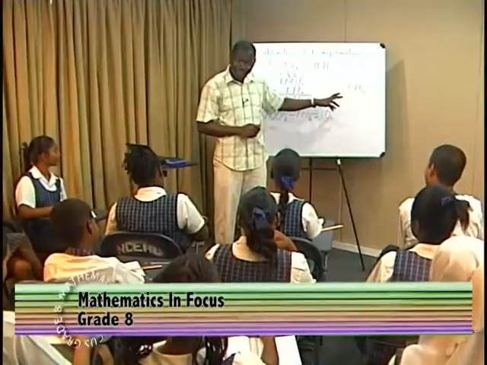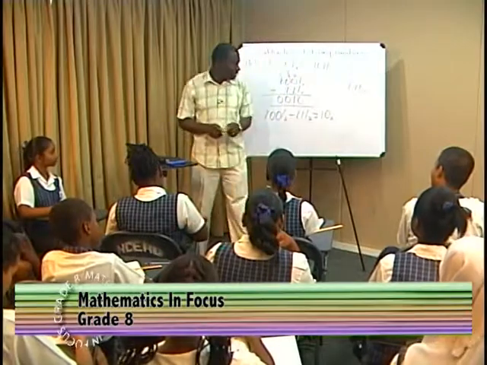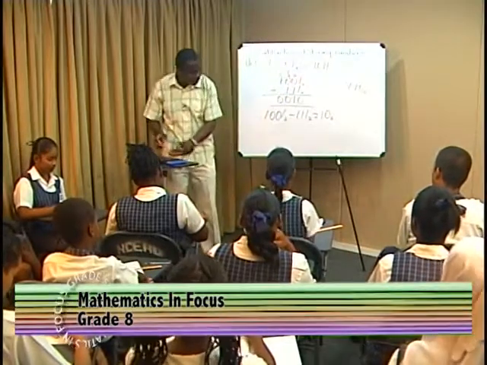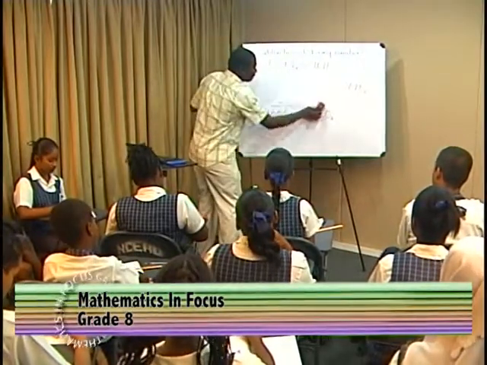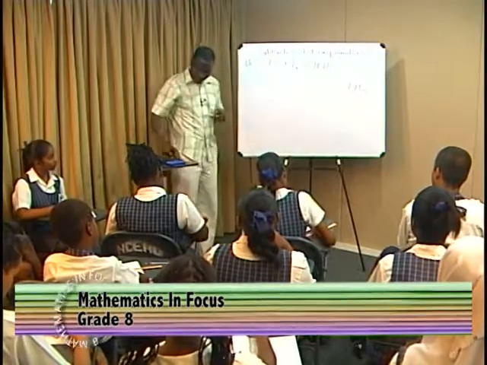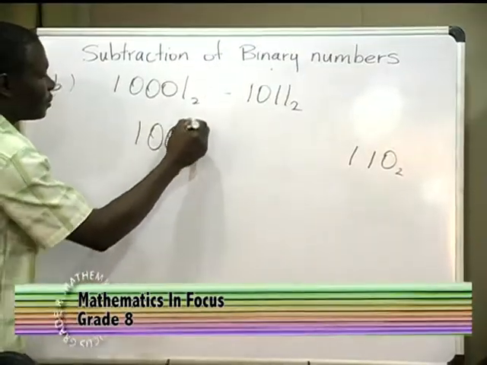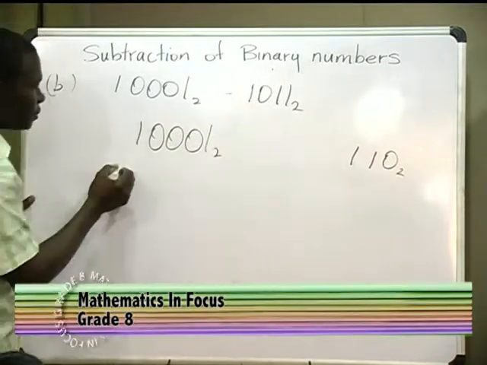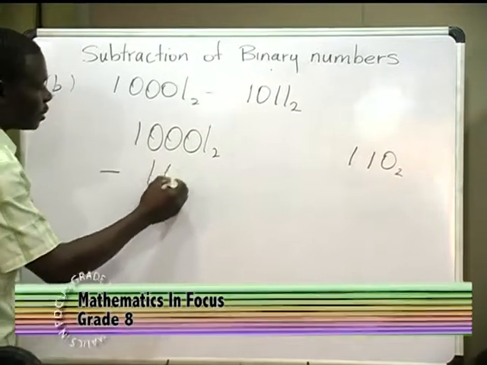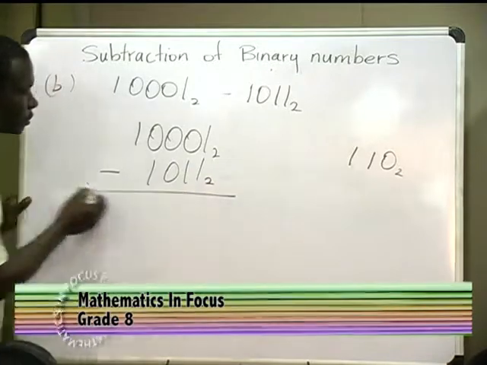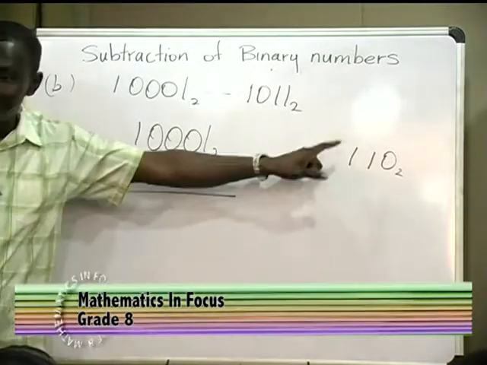Yes. You, sir, sure? All right, then let us subtract and see then. We have 10001 base 2, and we're taking from this 1011 base 2. And you guys are absolutely sure about this.